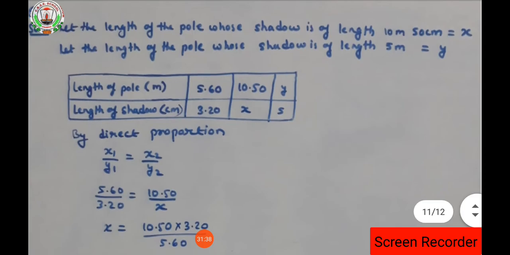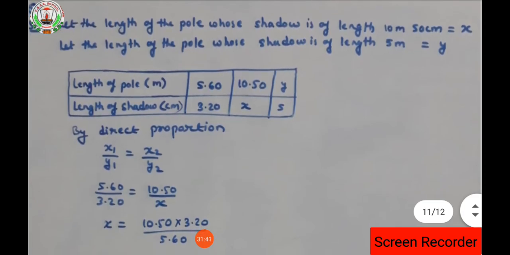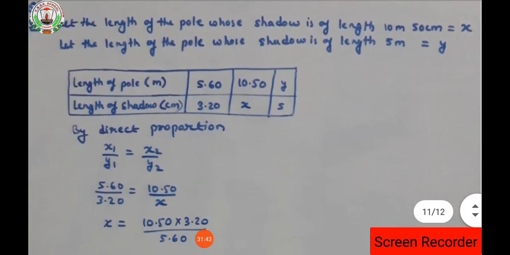Now in a tabular form, what will it be? Length of a pole is in meter and length of shadow of a pole is in centimeter. That means again we are talking about the imaginary image and the actual image. The shadow is an imaginary image, that will be in centimeter, and the actual length of the pole will be in meter.